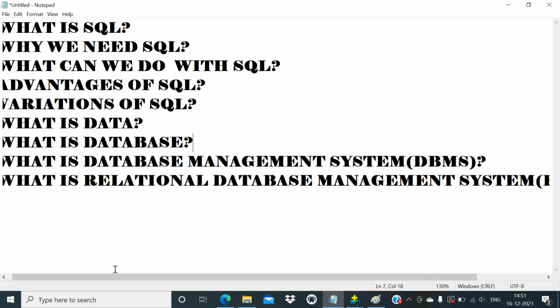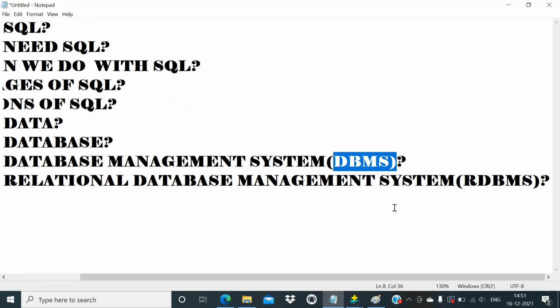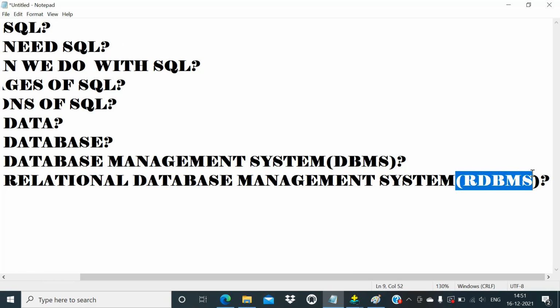Listen carefully here: a database management system which follows the concept of relational model is called relational database management system. Relational model is nothing but a concept which was designed by EF Codd, who was a data scientist.